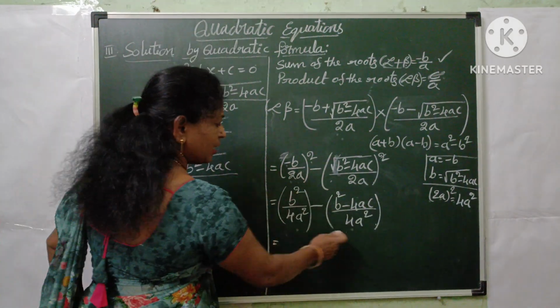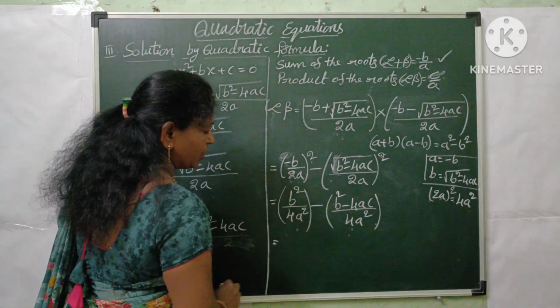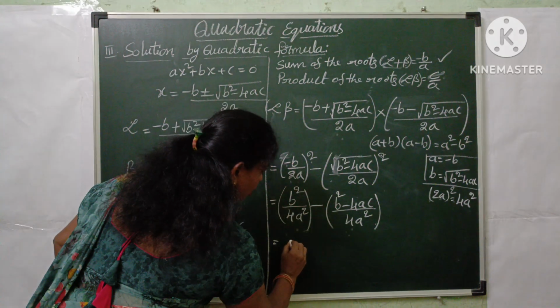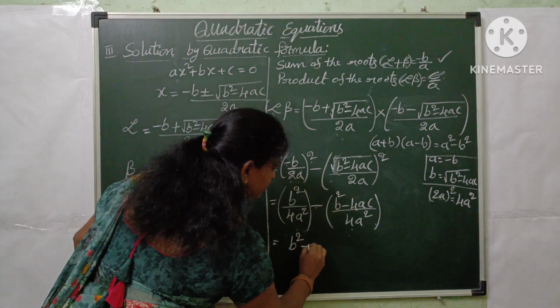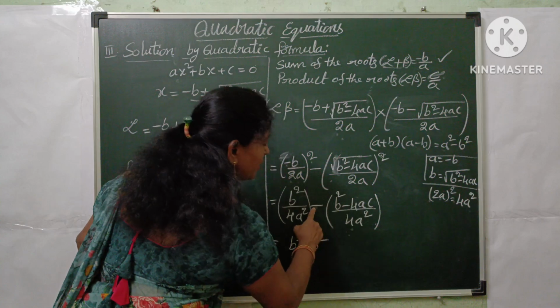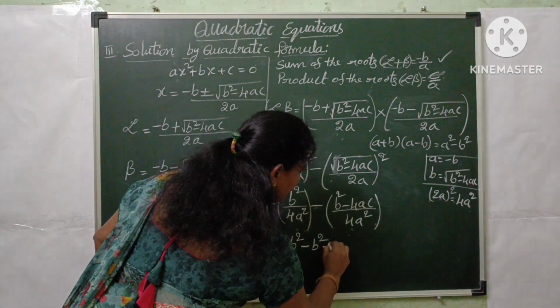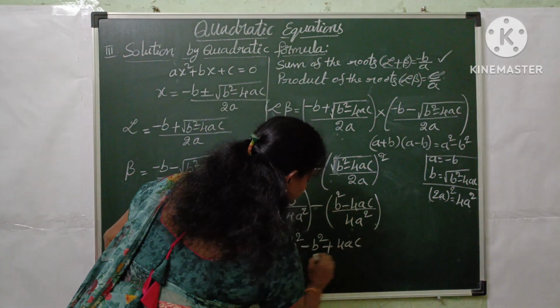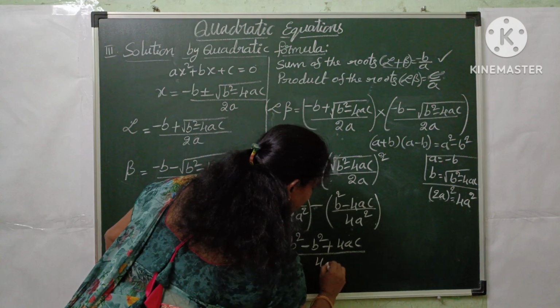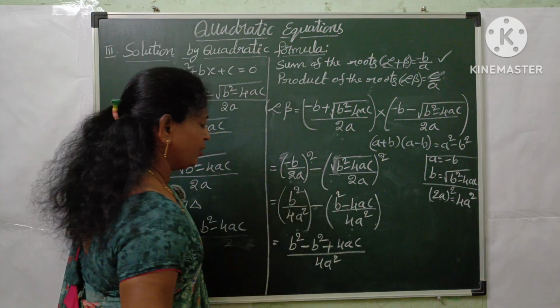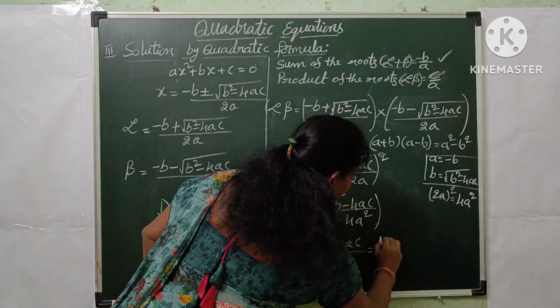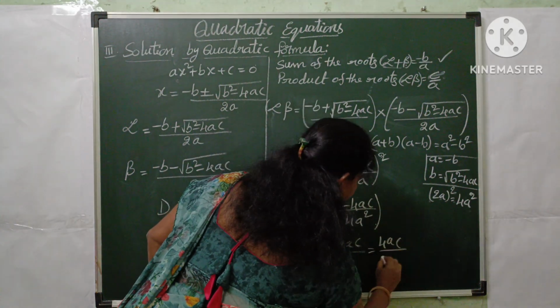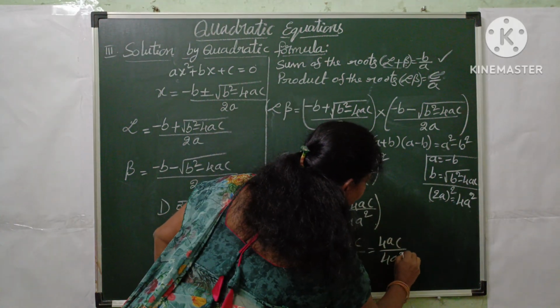Right. Now here, same denominator, you need to add their numerators. So b square, here minus b into plus b, minus b square minus into minus plus 4ac by the same denominator 4a square. Okay, plus b square minus b square both will get cancelled. So 4ac by 4a square.